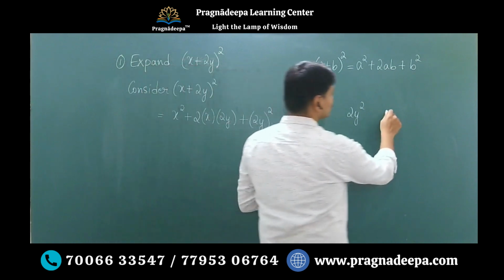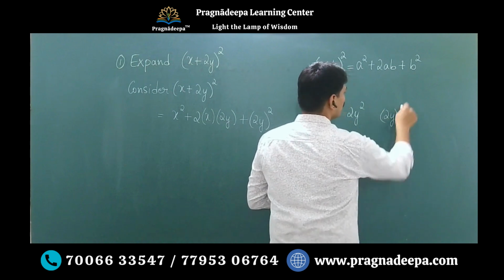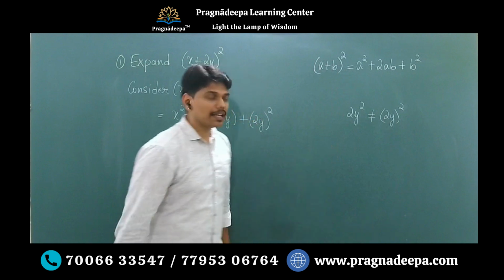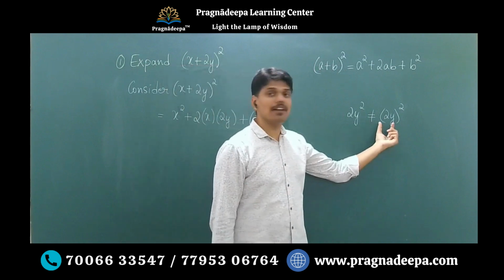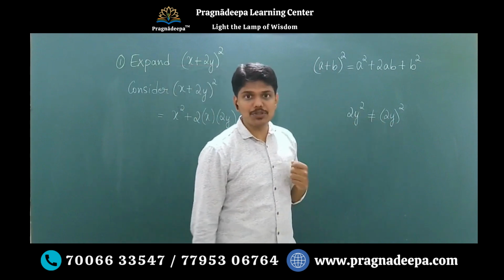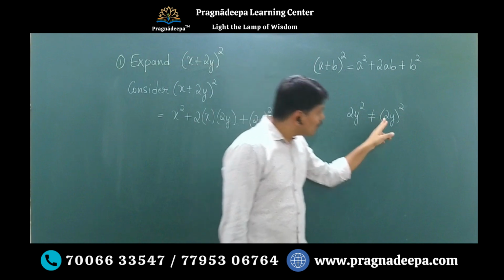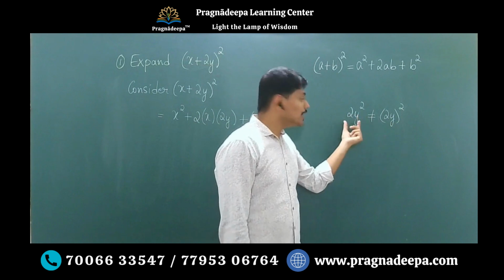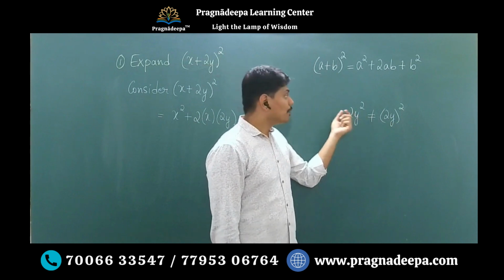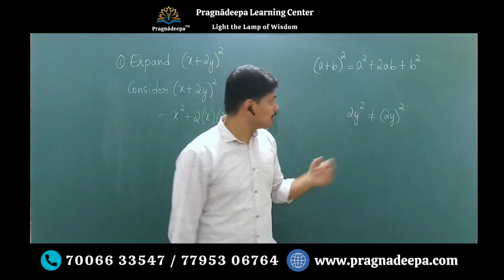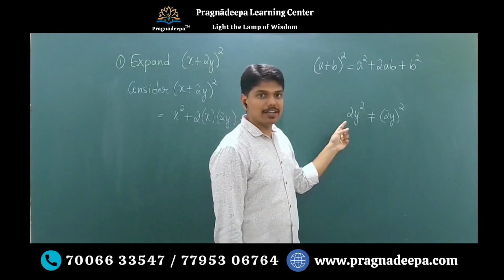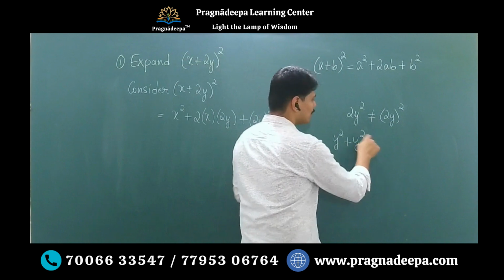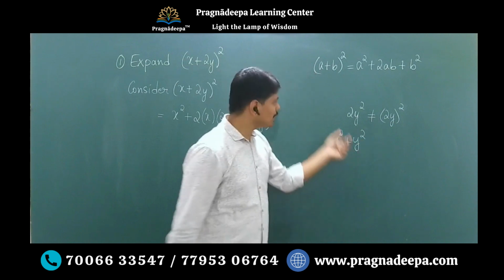Understand the clear difference between (2y) whole square and 2y square. They are not the same. Now, we have learned the laws of exponents. (2y) whole square means you have to square 2 and also square y. But if only y is squared, it means that you are adding y square with y square, so y square plus y square gives 2y square.